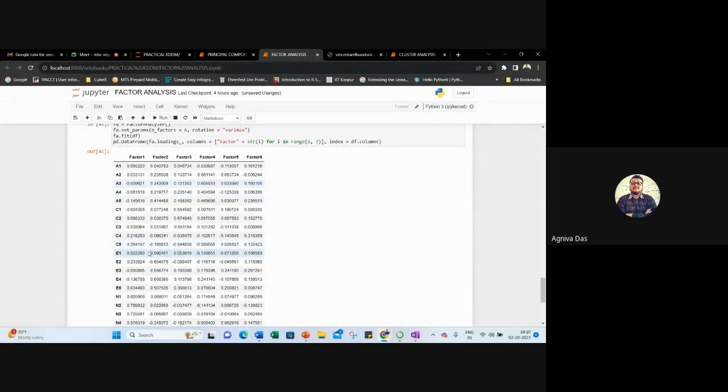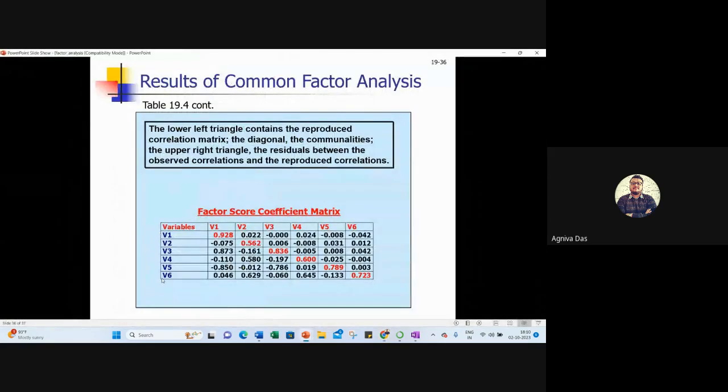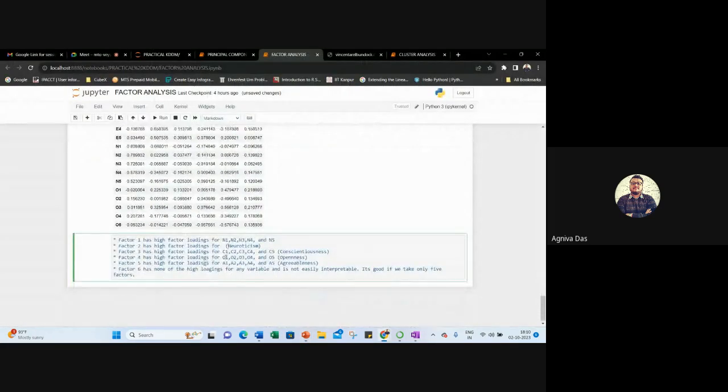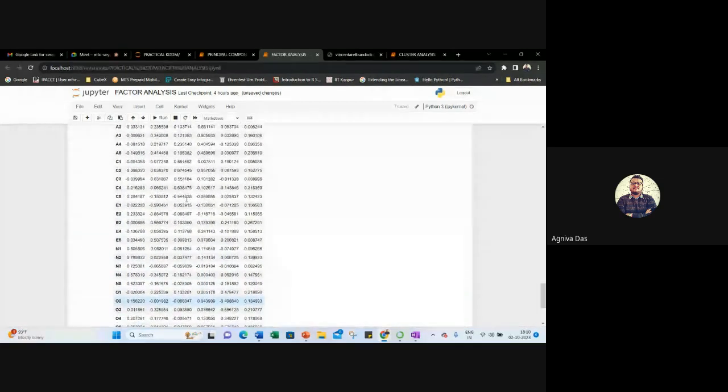So E highest कहाँ पे है? E is highest for factor 2. Okay. So let us edit this.